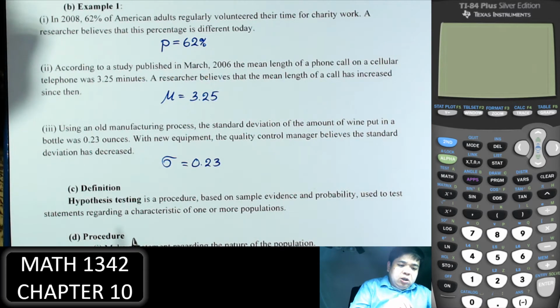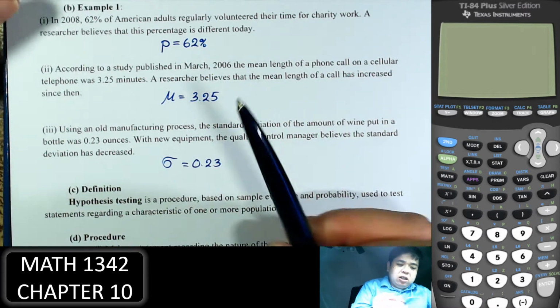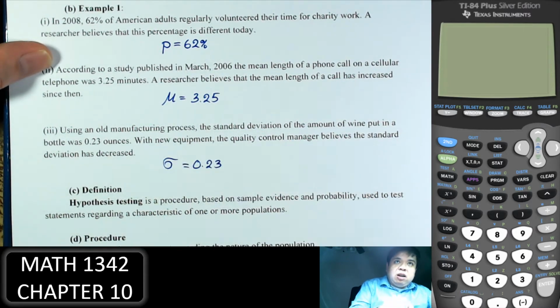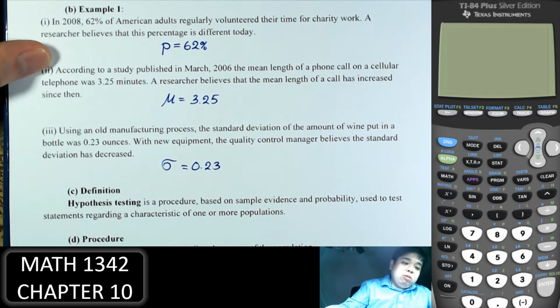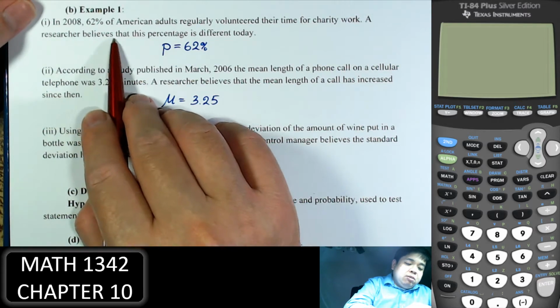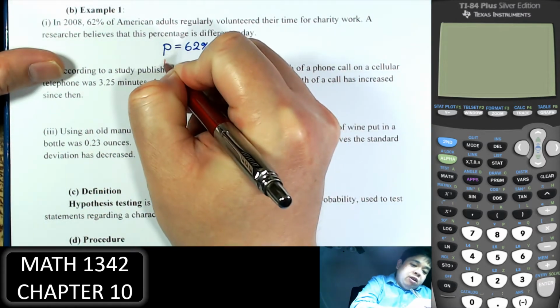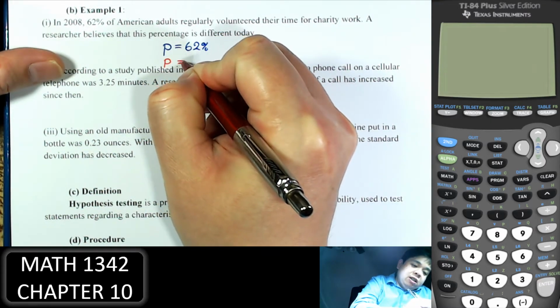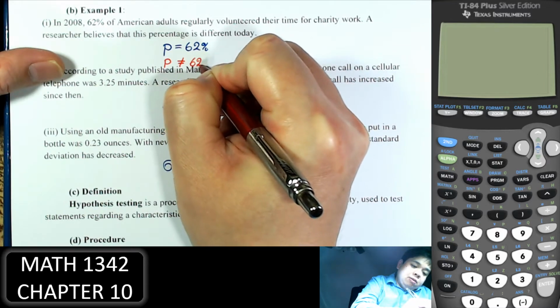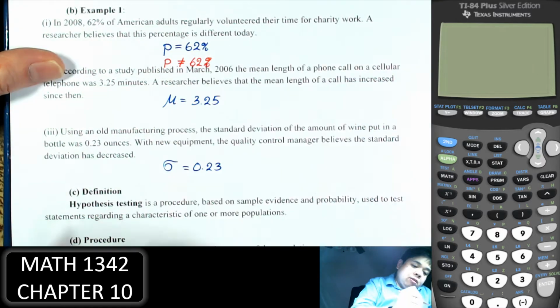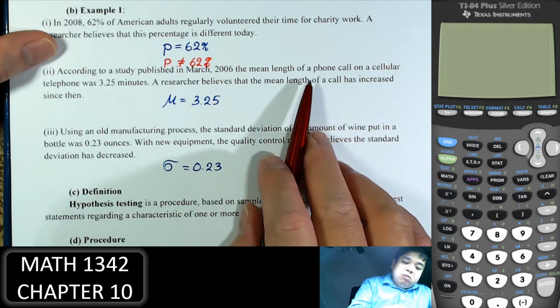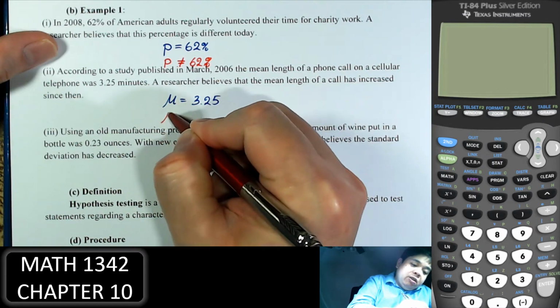So an original hypothesis is a statement like that, and now if we test, this one believes the percentage is different than today. And this one believes that the length has increased.